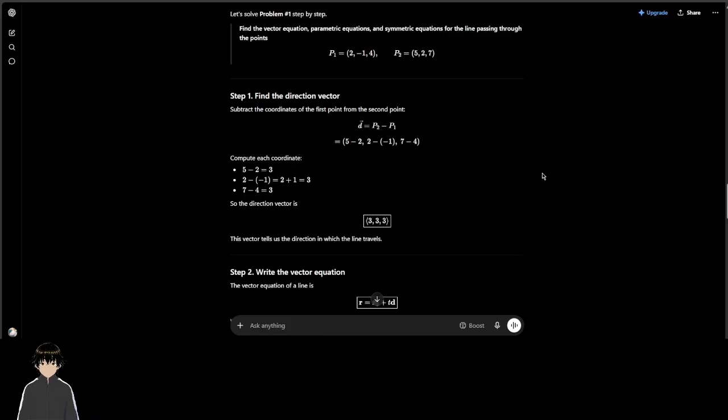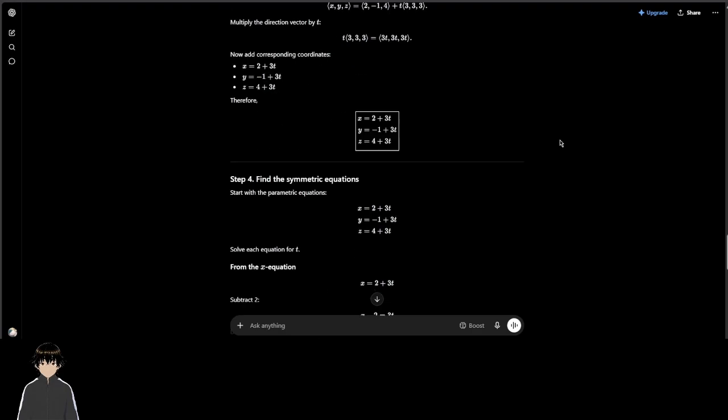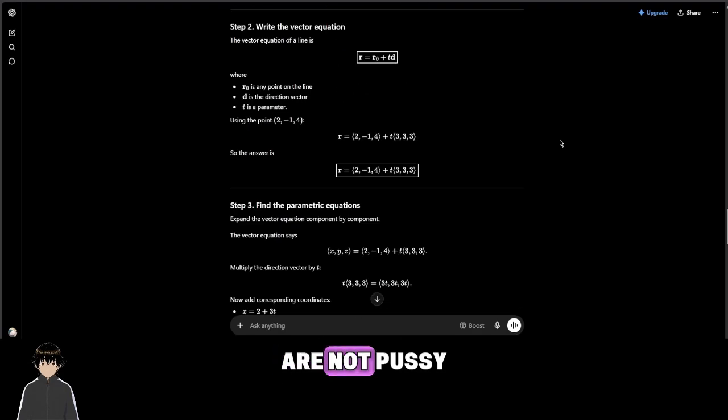The vector equation of a line is R naught plus TD.